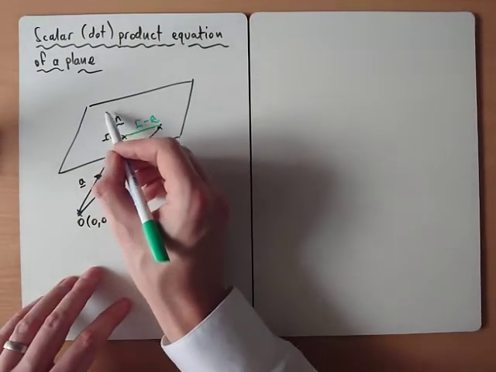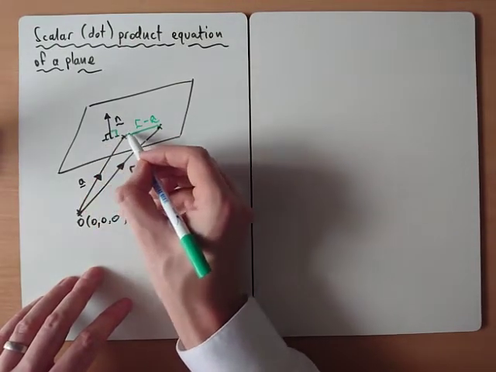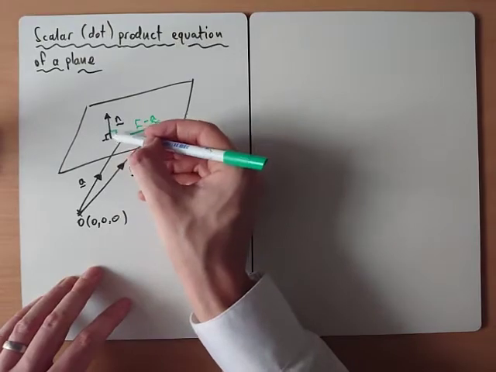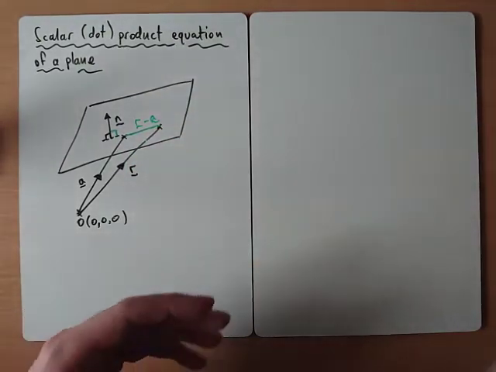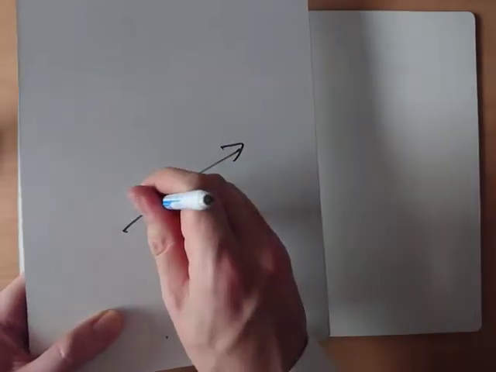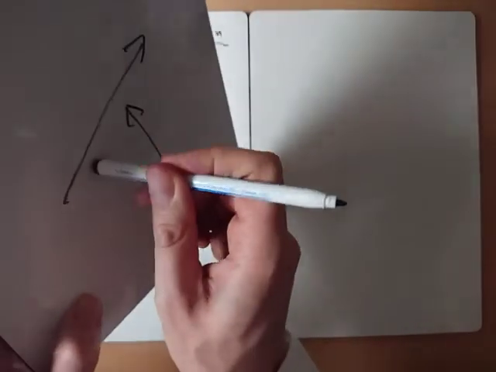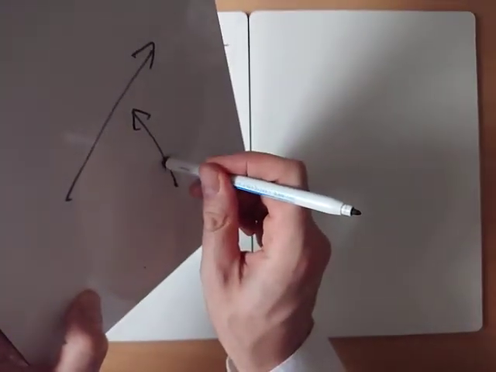Okay, so what we've got here is a vector that lies within the plane, and a vector that's perpendicular to the plane. Can you see that clearly? If that vector lies within the plane, the normal vector has got to be perpendicular to it, hasn't it? Any vector I draw within this plane, the normal vector would hit it at a right angle.